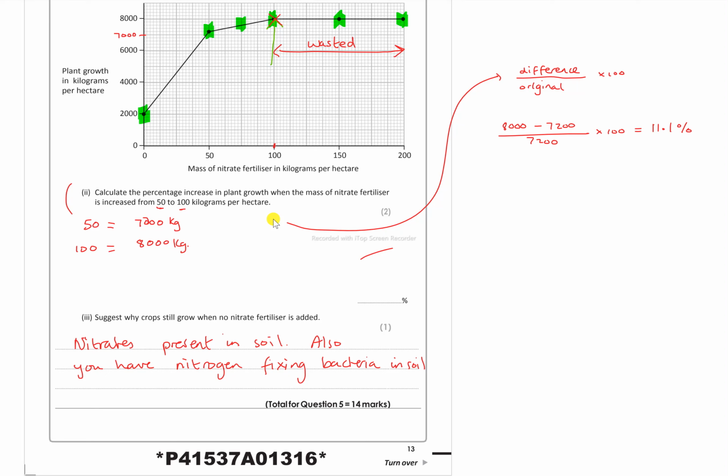And what does nitrogen fixing bacteria do? It converts nitrogen from the atmosphere, or that's in the soil, back into amino acids. Right, and that's normally done in the roots. So there's a plant. You have these root nodules.